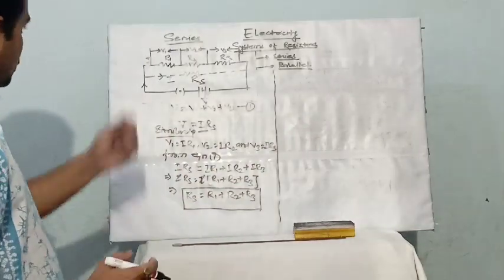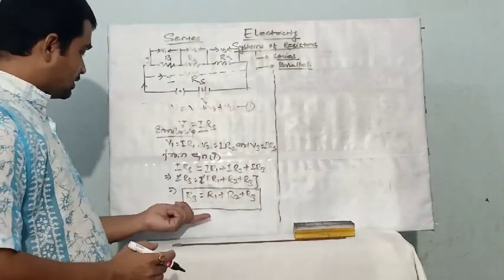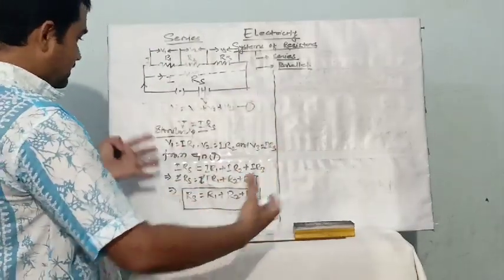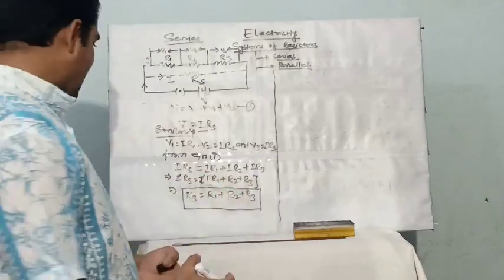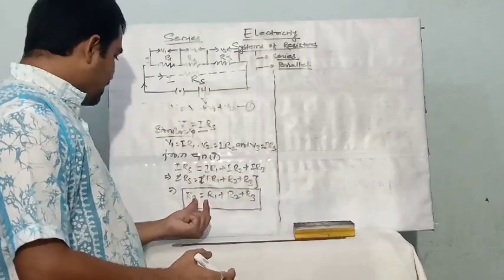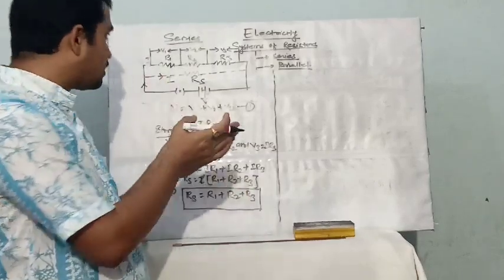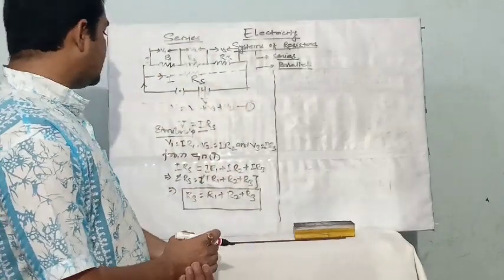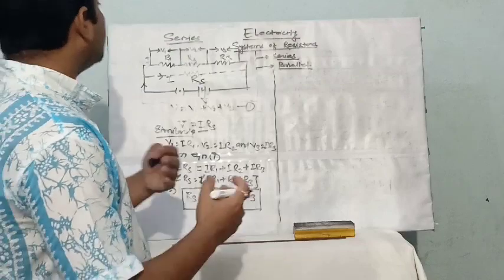Another thing is that the equivalent resistance increases as they are connected in series. The equivalent resistance, यानी total resultant जो हमारा होगा, जो total effective resistance होगा, also known as the effective resistance, will be increased.